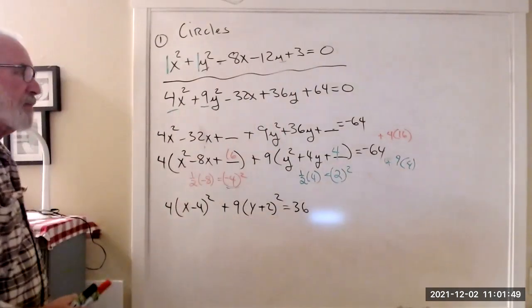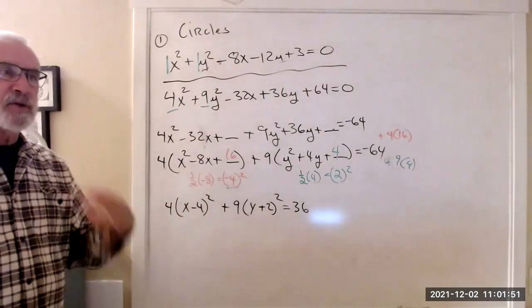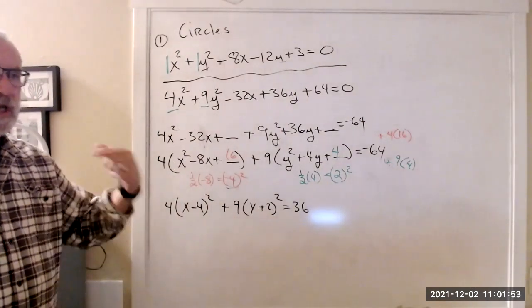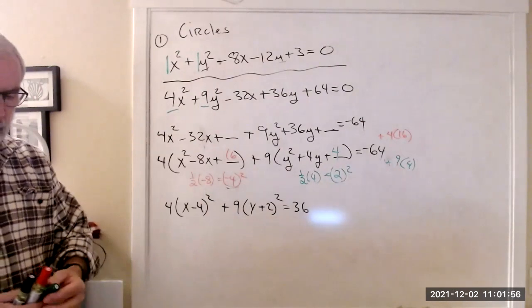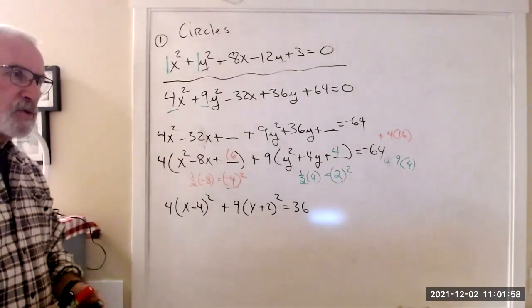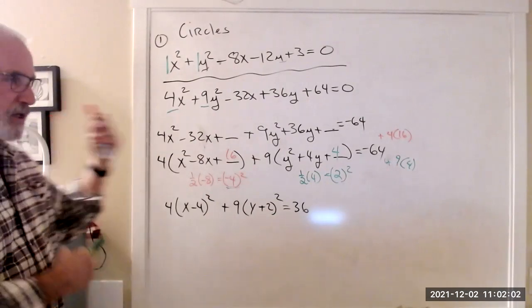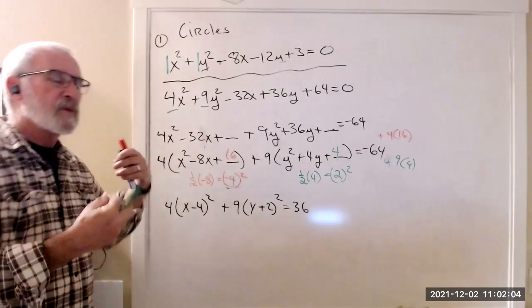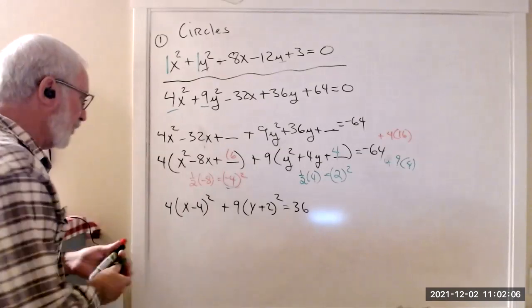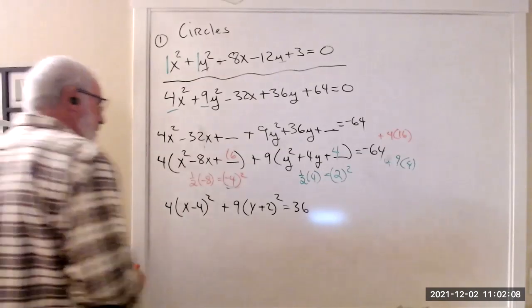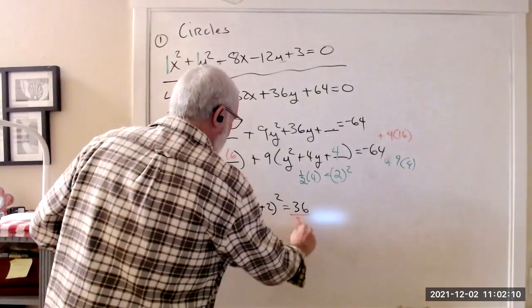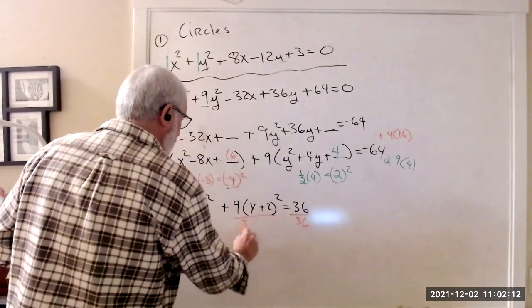But keep in mind, for an ellipse, the form must equal 1. That was one of the forms for an ellipse. It was all this x minus h stuff, but it had to equal 1. So to force it to equal 1, we divide everybody by 36.